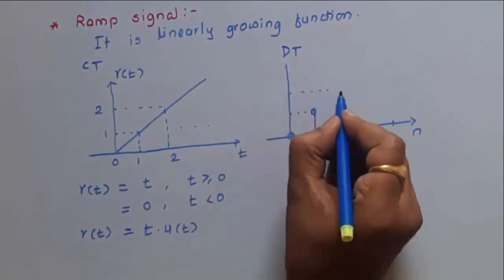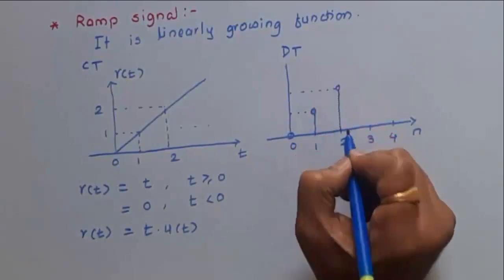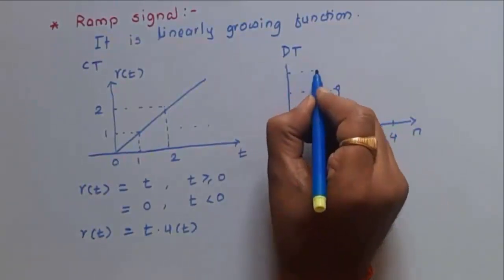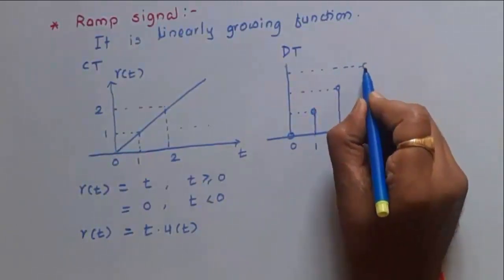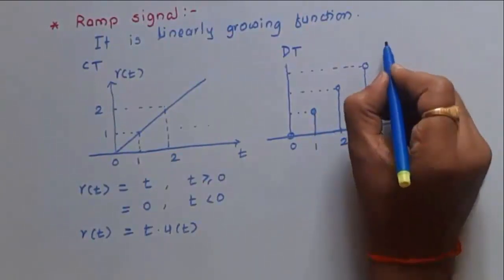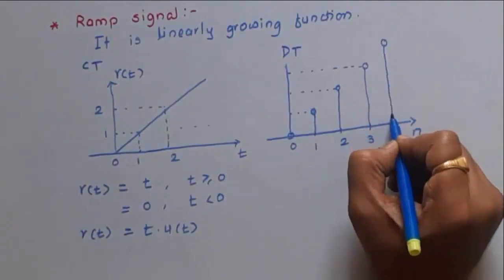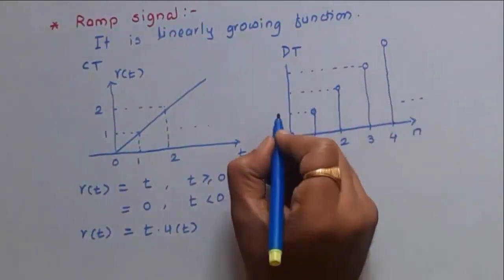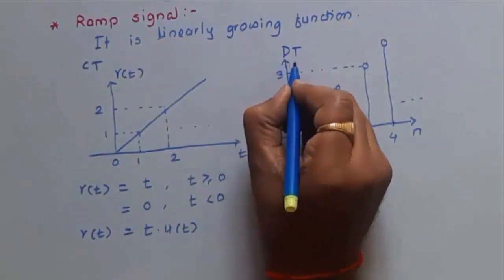When n = 0, amplitude is 0. For n = 1, amplitude is 1. For n = 2, amplitude is 2, and so on. As value of n increases, the amplitude of discrete time ramp increases. Hence, it is called a linearly growing function whose value increases linearly with respect to time.